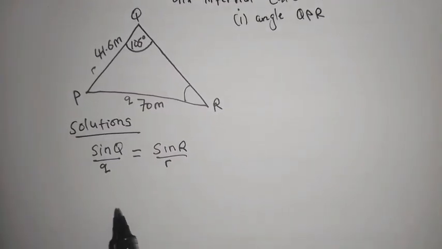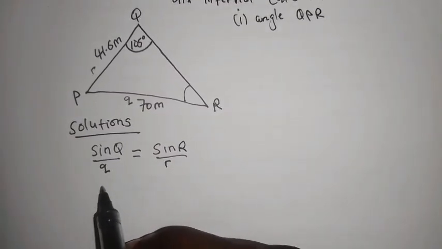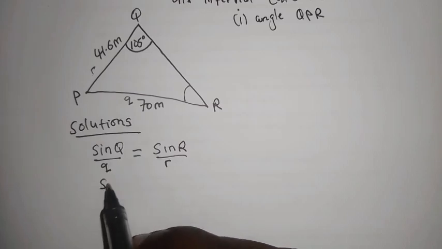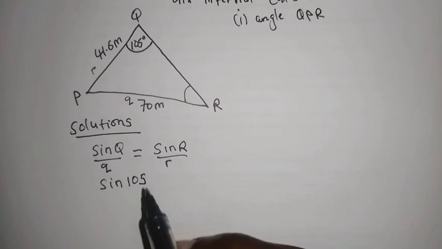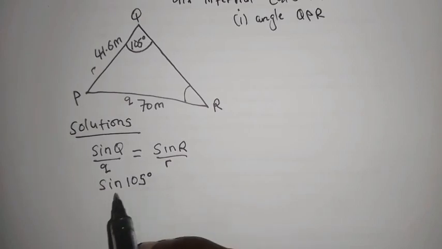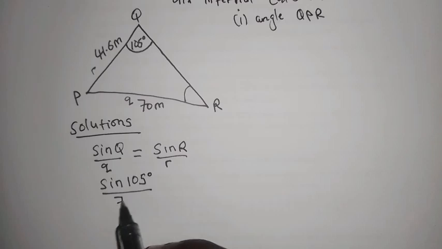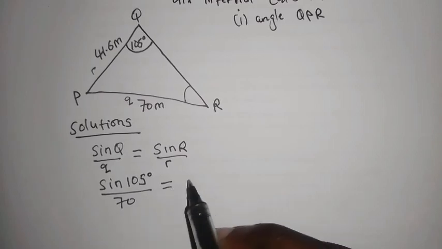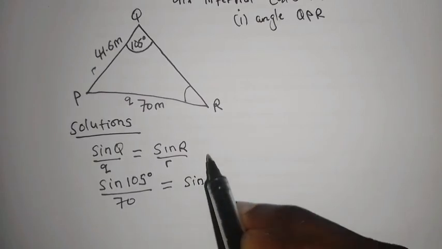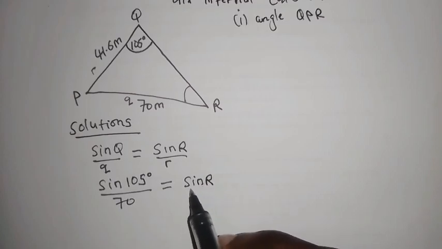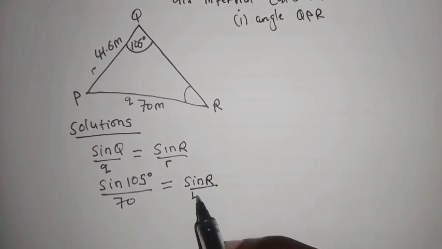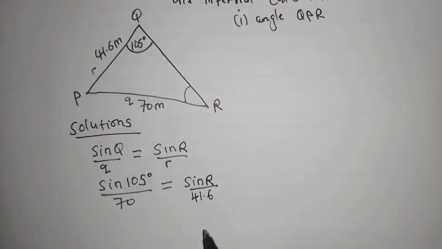Once we do that, we can replace: sine 105 degrees divided by the q, which is 70, equals sine R, which I'm looking for, over the opposite, which is 41.6.